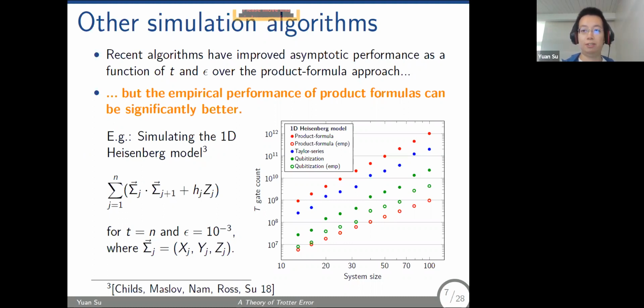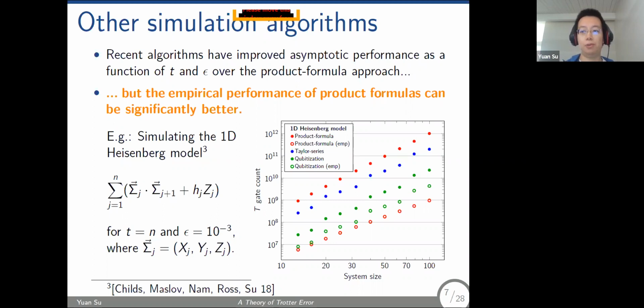So I simulate this Hamiltonian for some small sizes and collect some numerical data. And this data is showing in this picture on the right. Basically, if you compare the performance of different quantum simulation algorithms, you find that indeed, if you only believe the rigorous error analysis, previous analysis, then product formula doesn't perform really well. It has the largest gate complexity.